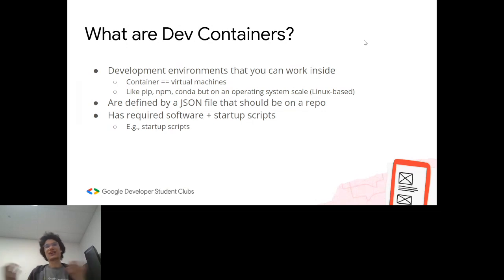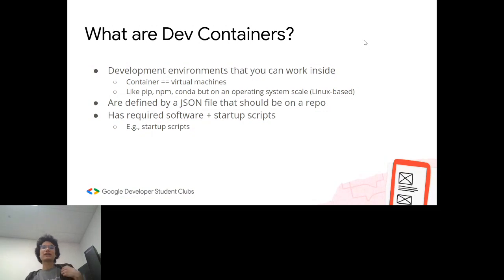Some people might say they're not the same thing, but it's very helpful to think of them as virtual machines. What that means is within Docker, you'll have a tiny little operating system. So you'll be running Windows, but then in VS Code and Docker, you'll have a little Linux container, and that miniature virtual machine will have everything you'll need to install things.